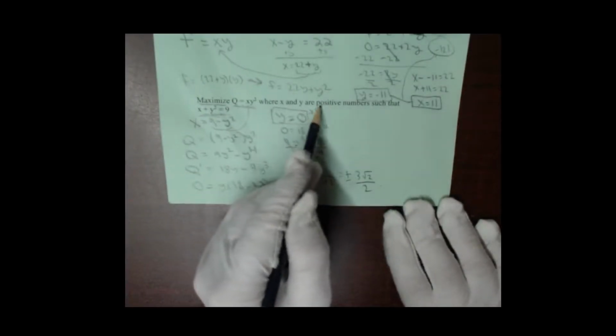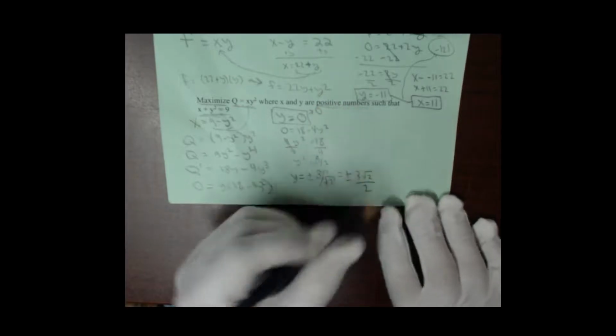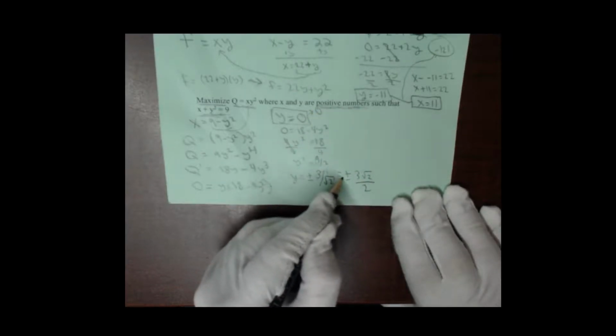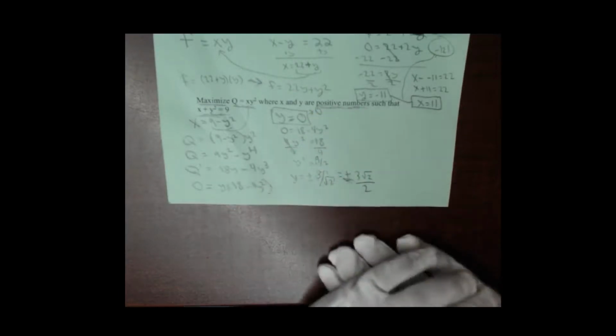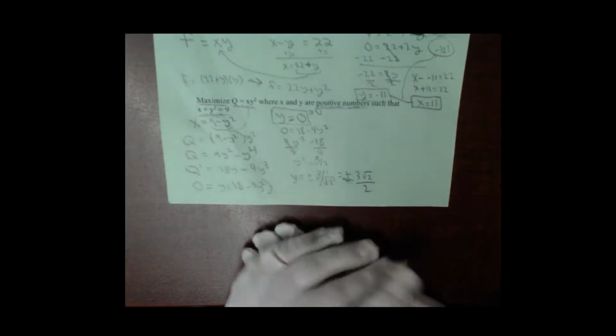By the way, 0 is not a positive number anyway. 0 is neither negative nor positive, so we could have also excluded it for that reason. That just leaves positive or negative 3 root 2 over 2, and notice again that these are positive numbers, so that means we can exclude the negative. So the only number we care about for y is 3 root 2 over 2. And that's going to be our number.